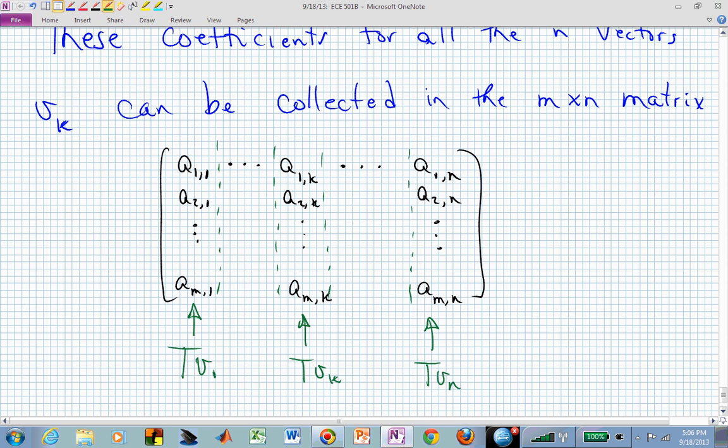So this first one, A1N, would scale W1. A2N would scale W2. Is that clear? And this now represents this mapping between the domain and the codomain. And that forms a matrix like you're used to seeing, if this is now an M by N matrix.